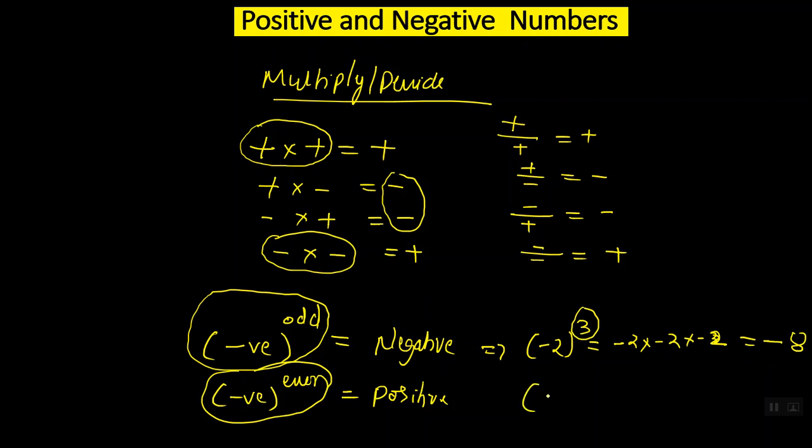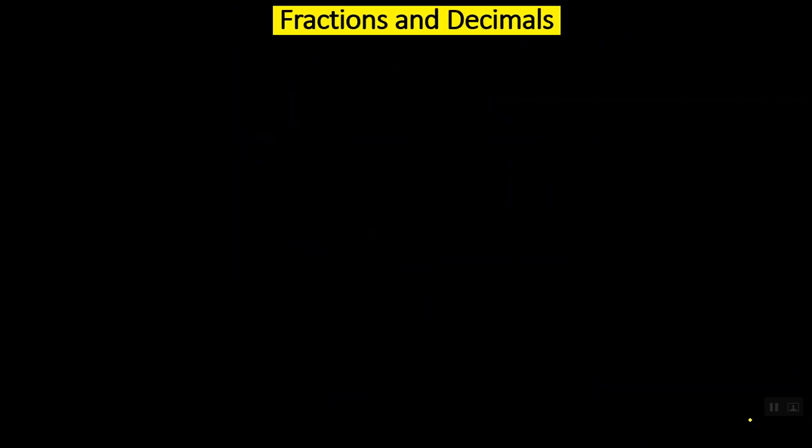Same thing if I am saying negative 2 to the power 2, let's take that example. Negative 2 times negative 2. Negative times negative is positive. That's why for negative 2 times negative 2, first you multiply the signs, then you multiply the numbers. 2 times 2 is 4, the positive 4. So this is very important. Okay, right.